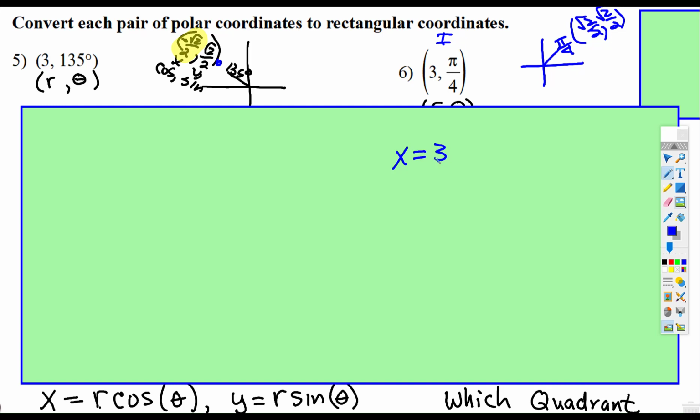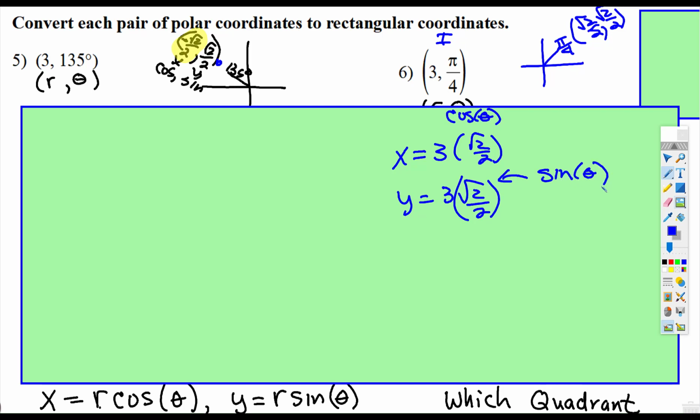So x is equal to 3 positive root 2 over 2, because that's cosine theta. And y is equal to 3 times root 2 over 2, because remember, root 2 over 2 is sine theta.